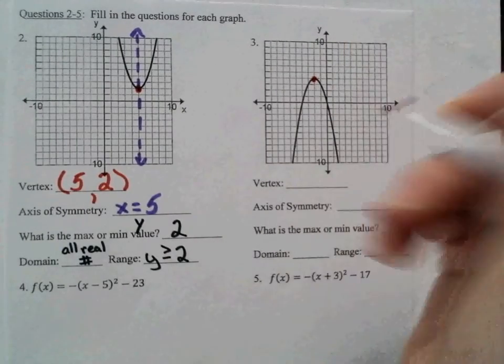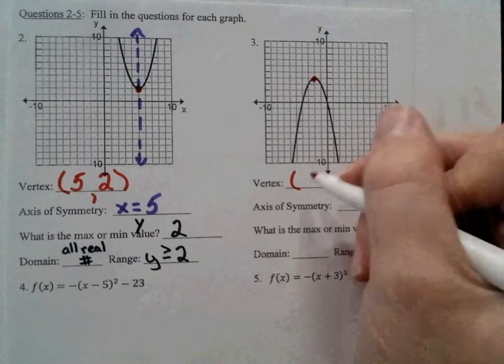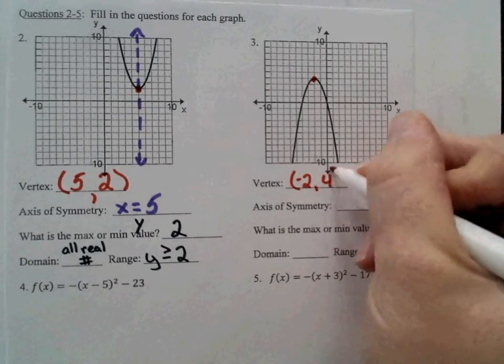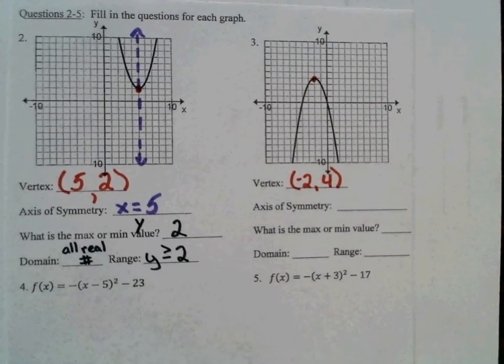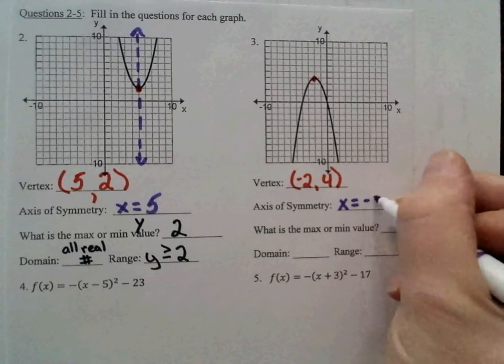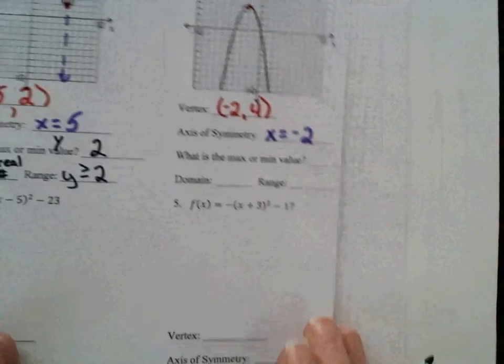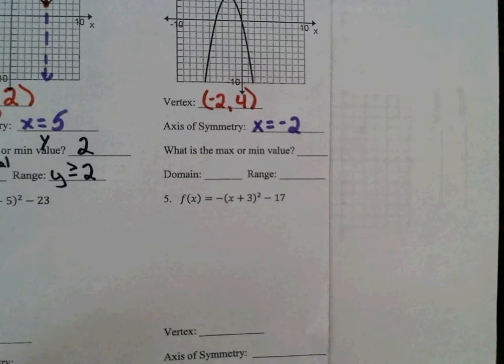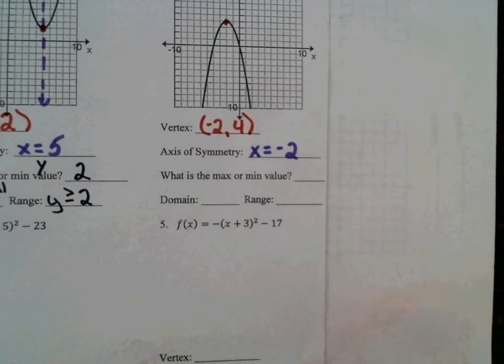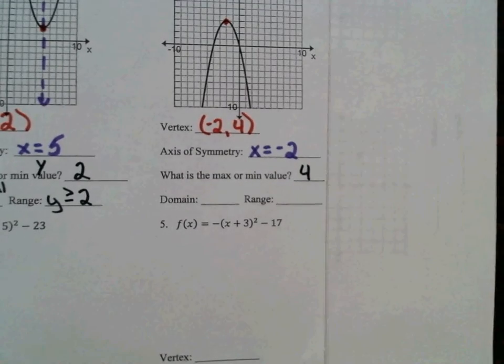Okay, number 3. Vertex on number 3 is (-2, 4). Axis of symmetry: x equals -2. Somebody said that. Okay, it is a maximum, but what is your max value here? 4.